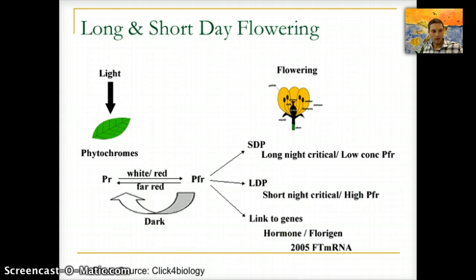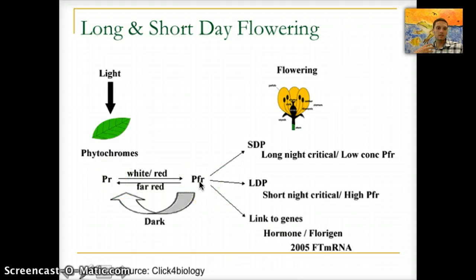Long day plants, on the other hand, cause an accumulation of PFR because the PR is converted to PFR, which remains at the end of short nights. So during the day, it's absorbing light, and there is a transition from PR to PFR.